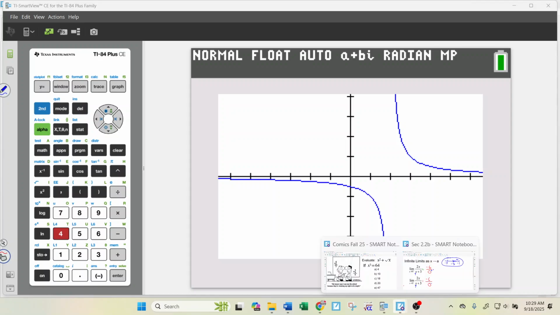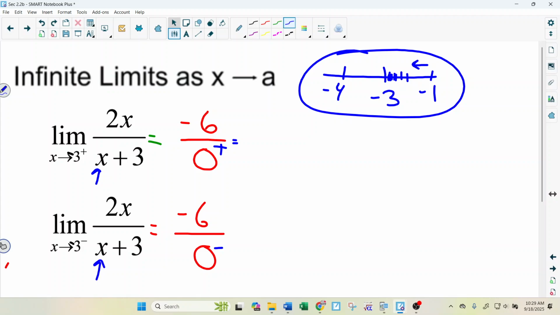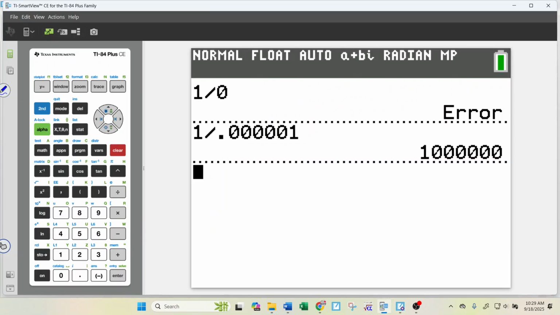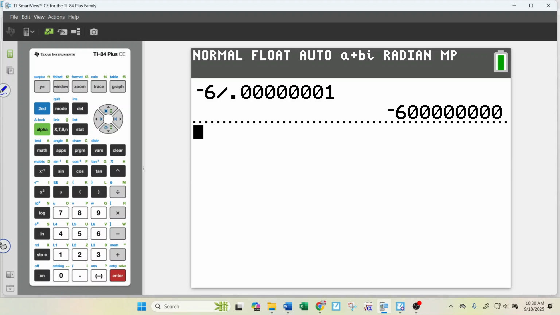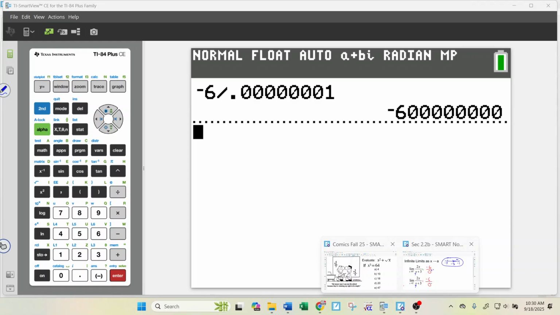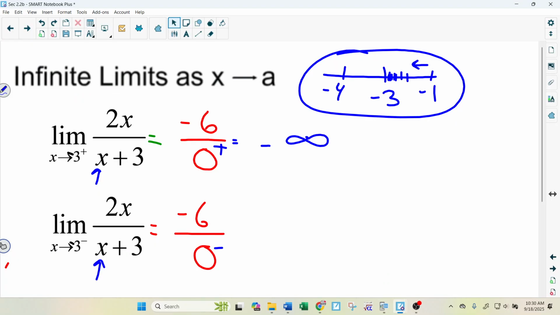Like I said, we want to understand this without using the calculator, but I'm using the calculator to help us understand what's going on. If I take a negative divided by a really, really small positive, we get a really big negative. If I have a negative divided by a really, really small negative, negative over negative is positive.